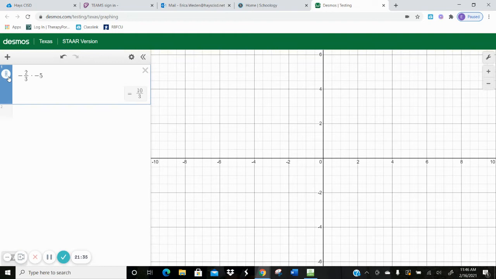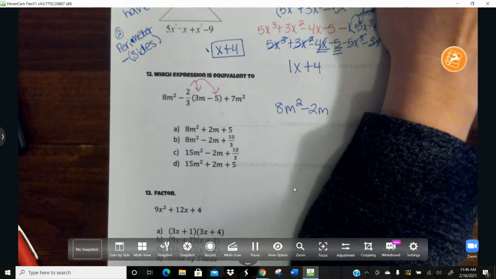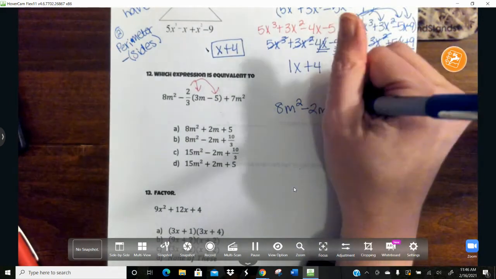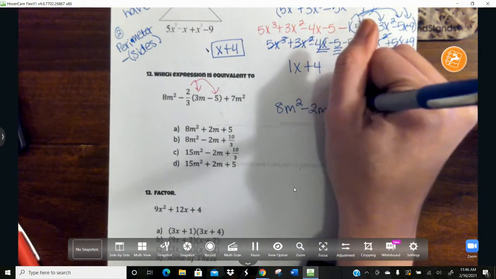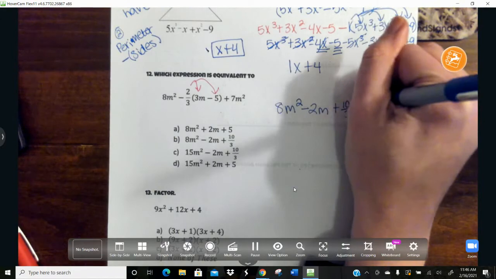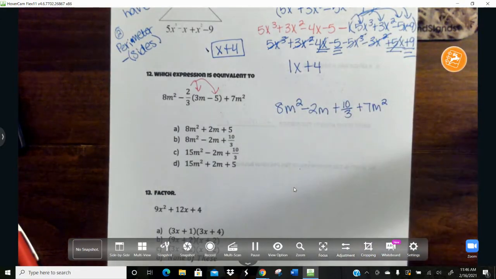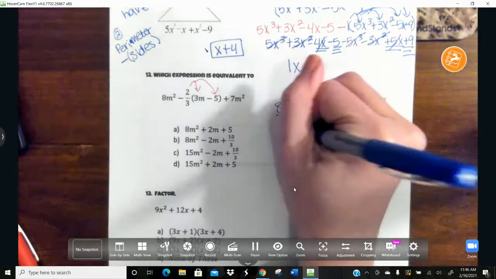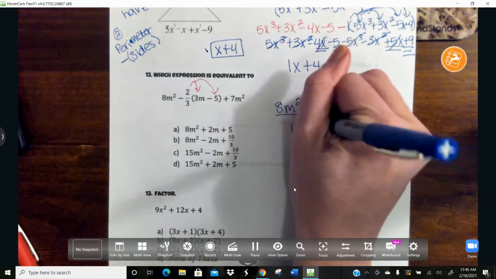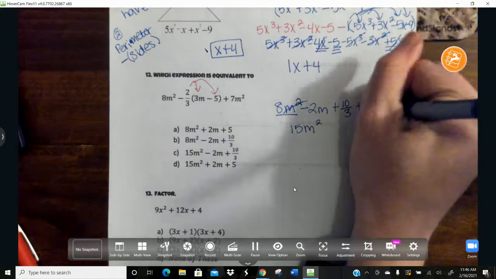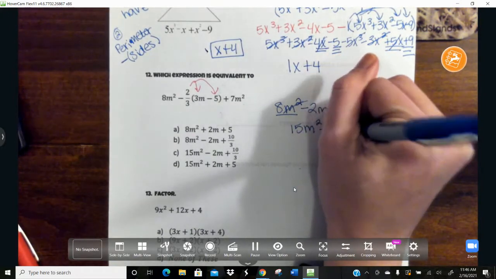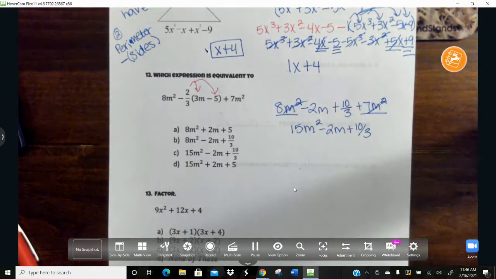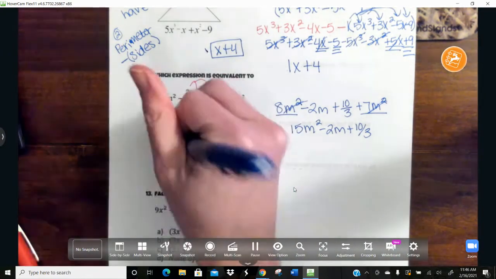I want that as a fraction because my answer choices are fractions, so that's 10/3, and it was positive. And then we have our plus 7m squared. So I have 8m squared plus 7m squared, 15m squared. Nothing else has a like term. So my correct answer would be C.